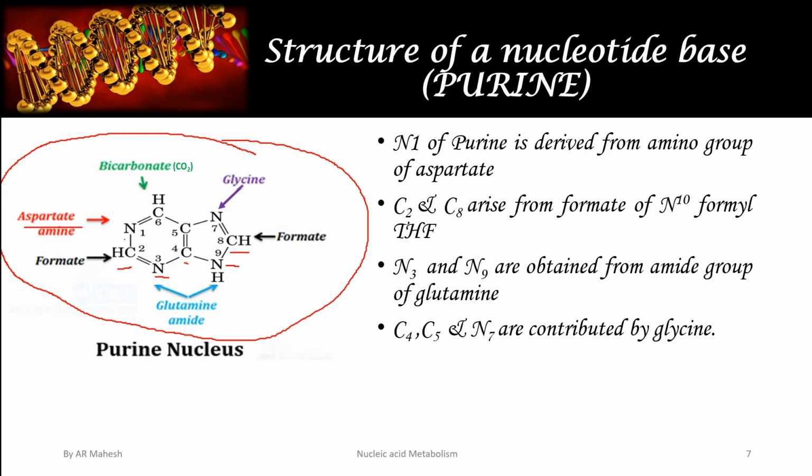Carbon atom number 4, carbon atom number 5 and nitrogen number 7 are contributed by the glycine molecule. And carbon atom number 6 comes directly from the bicarbonate or carbon dioxide molecule.